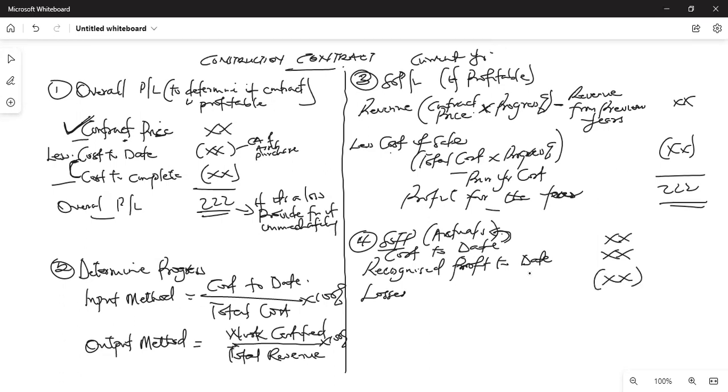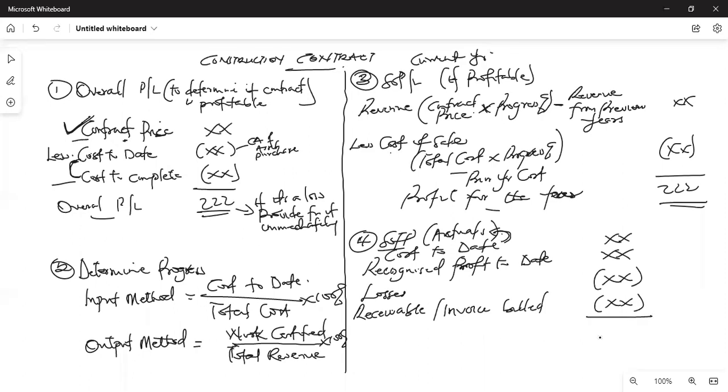Then if there are any receivables or invoices billed, that one too, you need to less from it.